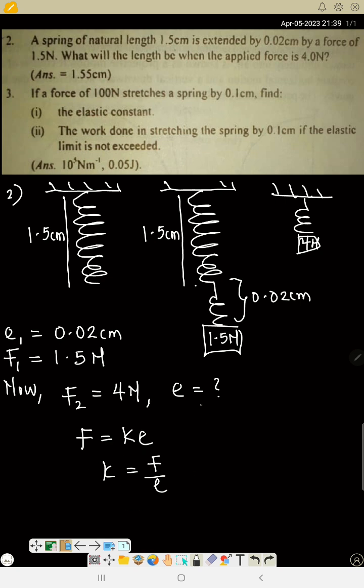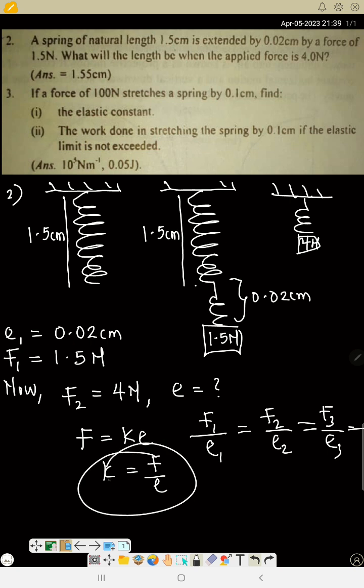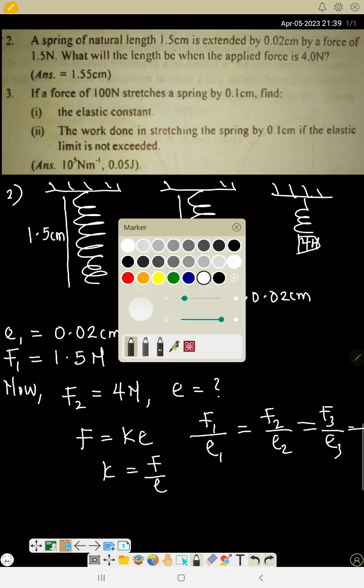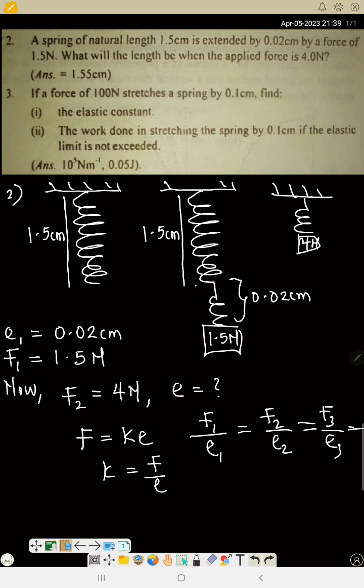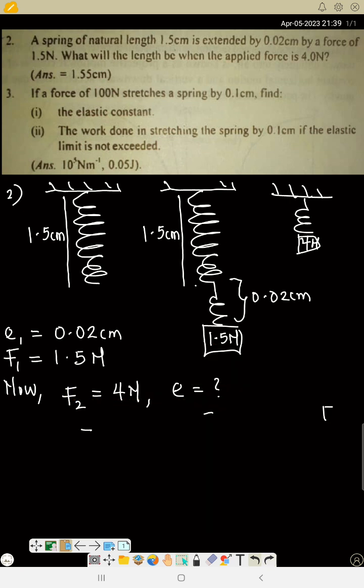That is, F1 over E1 equals F2 over E2, which equals K constant. It can also equal F3 over E3, and so on. So that is the meaning of F over E is constant. Now that is the formula we are going to apply.